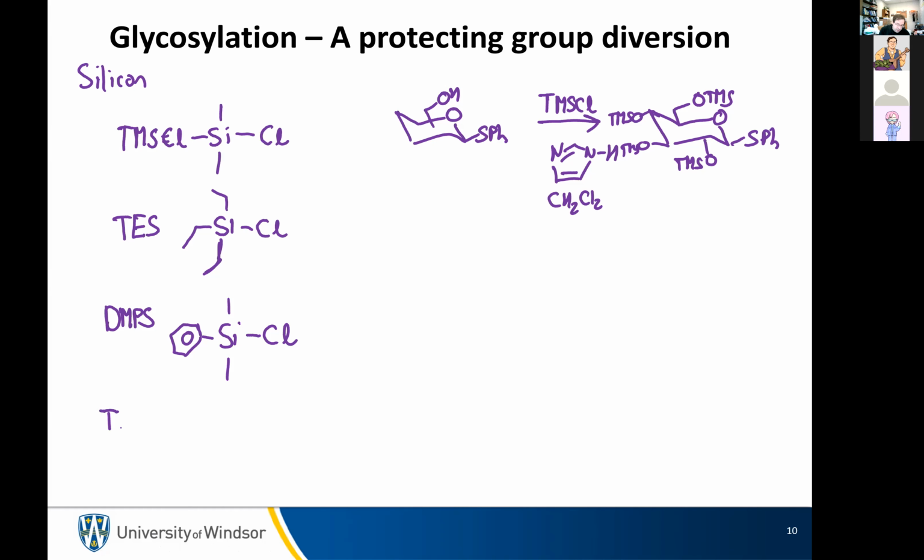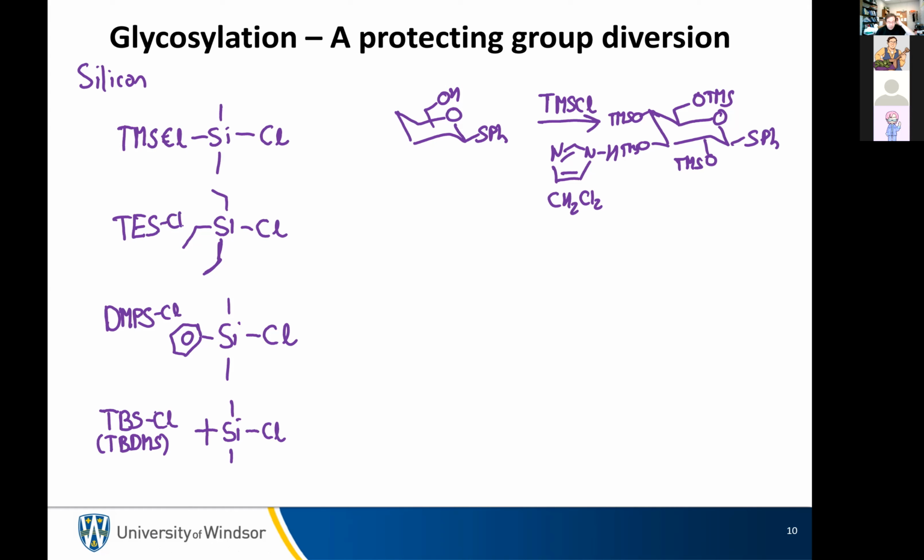Then we have TBS. This also gets called TBDMS. They get used interchangeably. They are the same thing. But TBS is an abbreviation of an abbreviation because we like three-letter abbreviations, and TBDMS is a little lengthy. What that stands for is tert-butyldimethylsilane. And all of these are the chlorides.